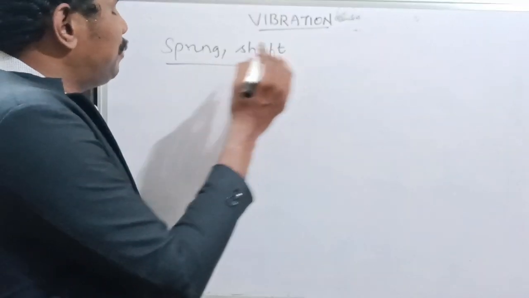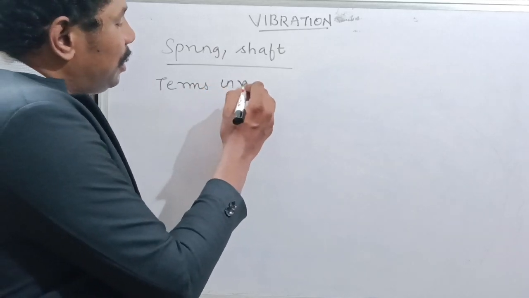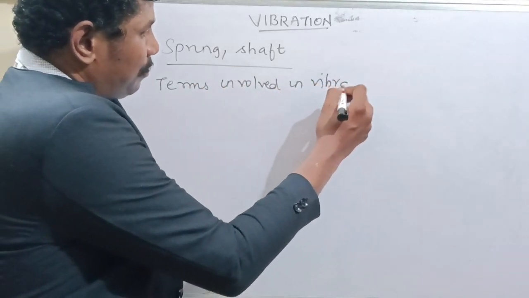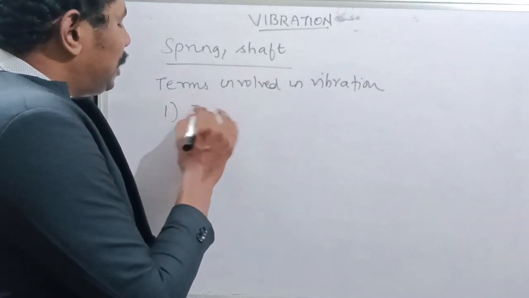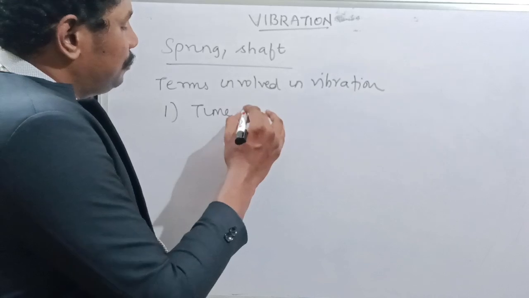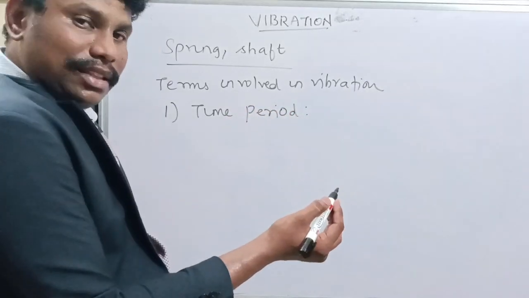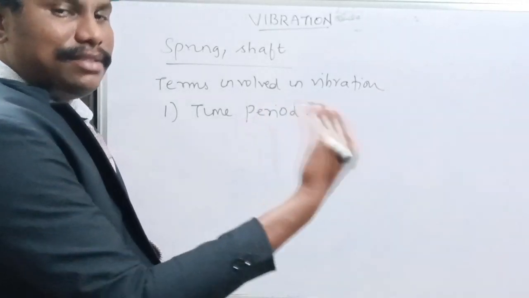Next we are going to discuss the important terms involved in vibration. First one is time period. Time period is nothing but the time interval after which the motion repeats itself.